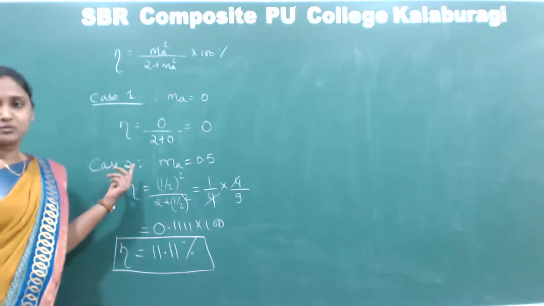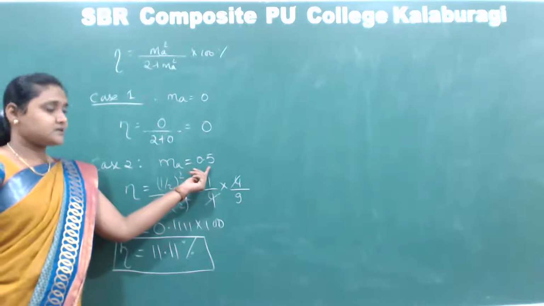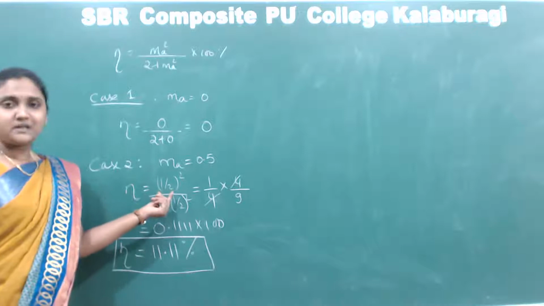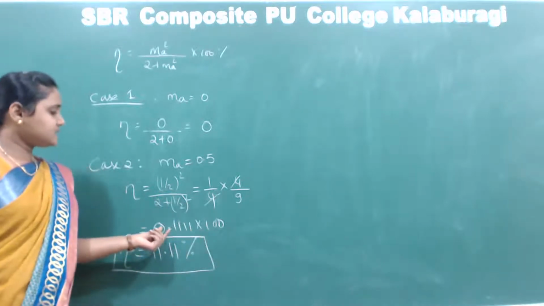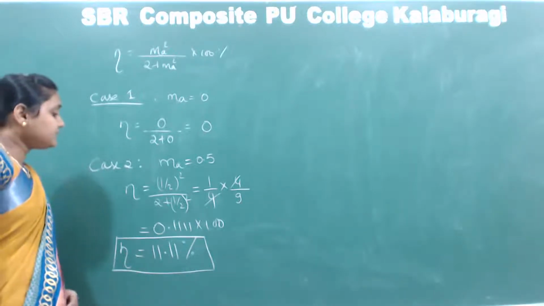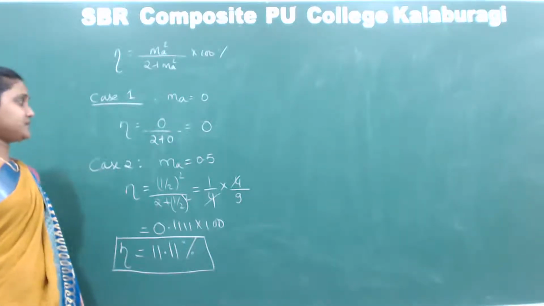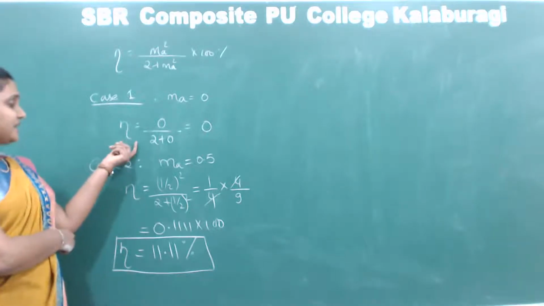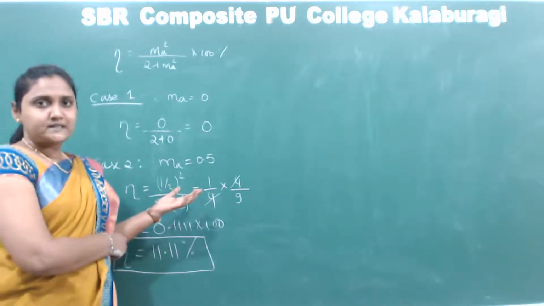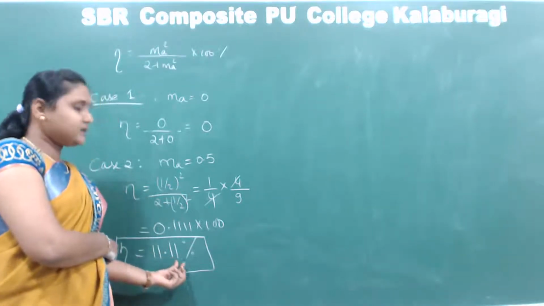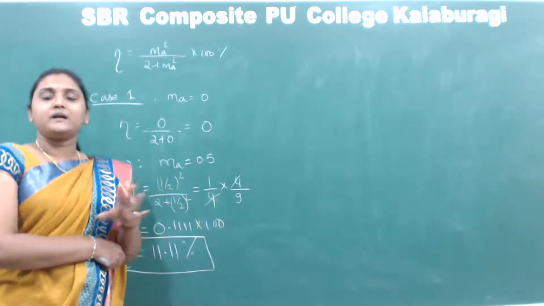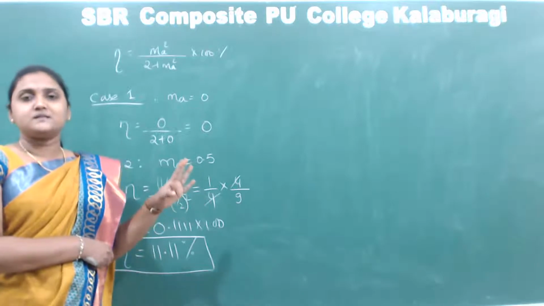So for case 2, what are we considering? We are considering the value of modulation index to be 0.5, which is nothing but half. That gives you 1 by 9, and it is 0.111111, so that is going to give you 11.11%. So what does this mean? The efficiency means that out of the total transmitted power, 11.11% of the power has the actual information, and the remaining part is of no use because it is just the carrier.